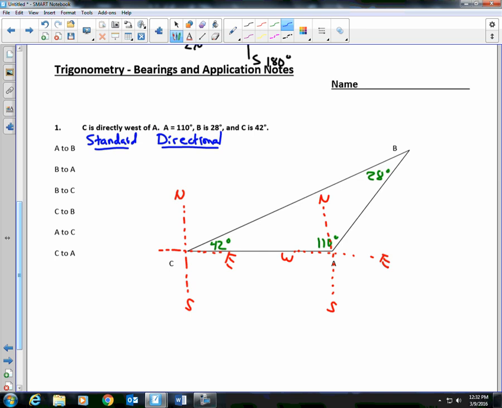Who can describe for me the direction from C to A? East. Who can describe for me the direction from A to C?